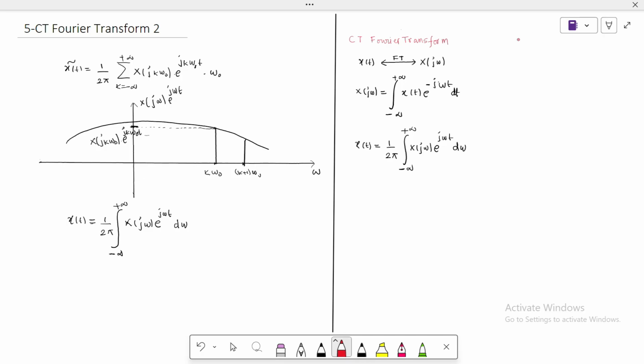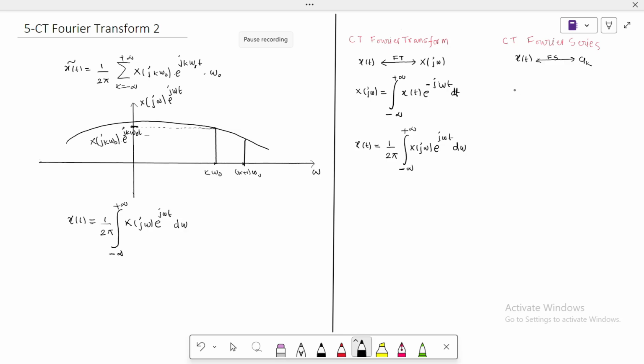Similarly, we can write for the Fourier series also. So continuous time Fourier series. It's a Fourier series coefficient, denoted by a k.